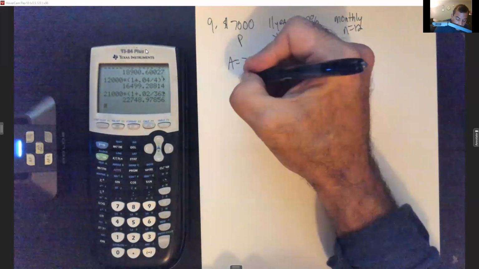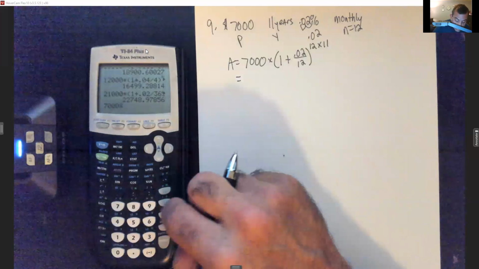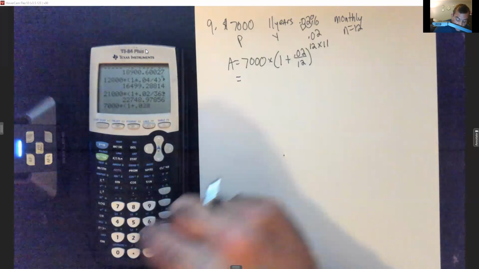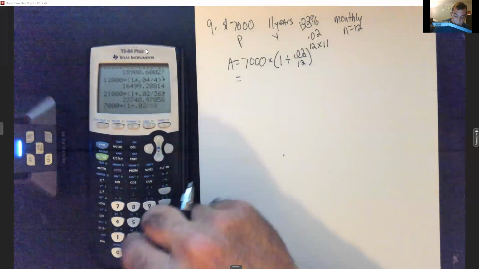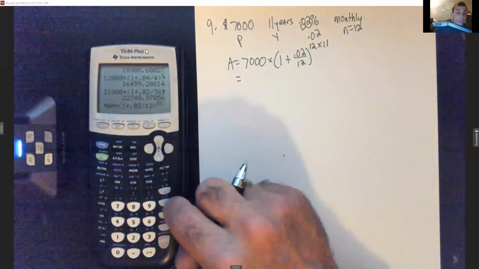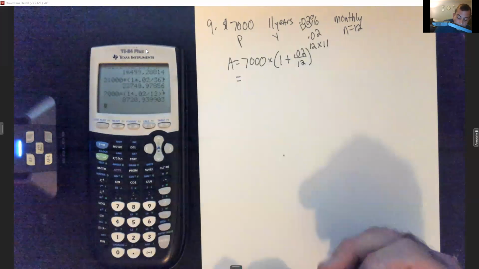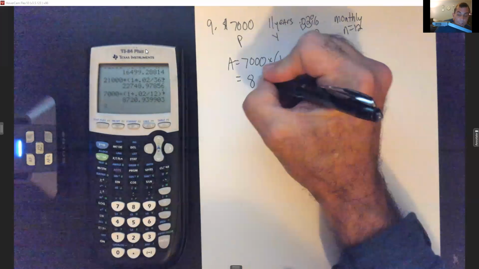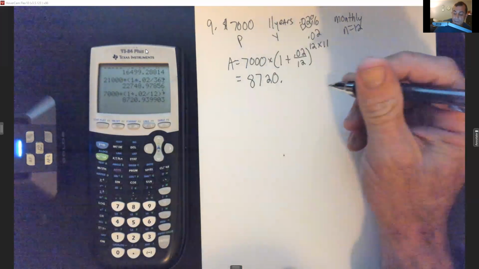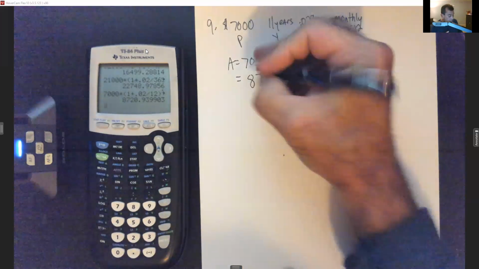All right, here I go. 7,000 times parenthesis 1 plus 0.02 divided by 12, close parentheses, and then the exponent is 12 times 11. And looks like I got everything. So $8,720. And let's see, 93, that's a 9 behind that 3, so that's going to become a 94. And we are done.